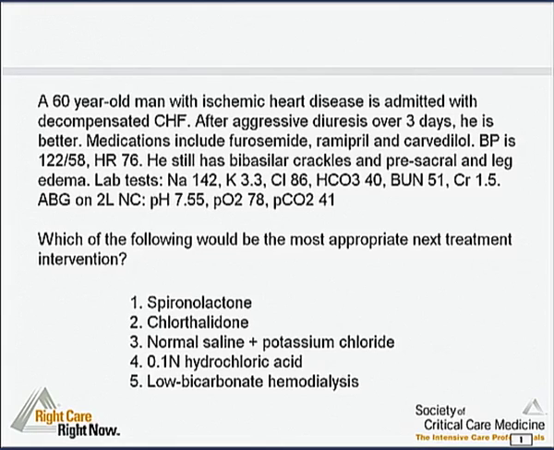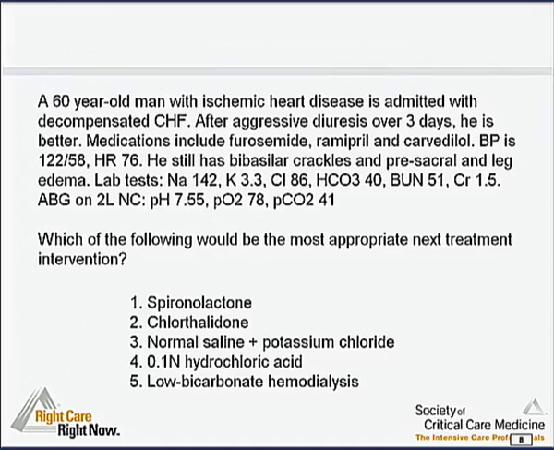He still has bibasilar crackles and has some presacral and leg edema. Laboratory tests: sodium is 142, potassium 3.3, chloride down to 86, bicarbonate up to 40, BUN 51, creatinine 1.5. His blood gas shows a pH of 7.55, a PO2 of 78, and a PCO2 of 41.